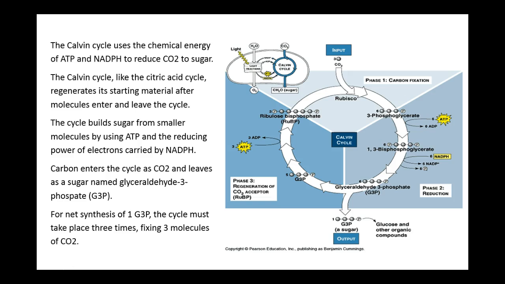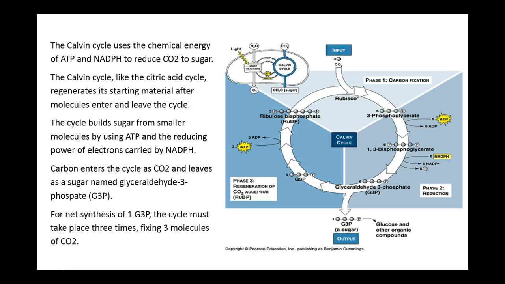The cycle builds sugar from smaller molecules using energy in the form of ATP and the reducing power of electrons carried by NADPH, those products that we created already. Carbon enters the cycle as carbon dioxide and leaves as the sugar named glyceraldehyde 3-phosphate. So we call it G3P for short.